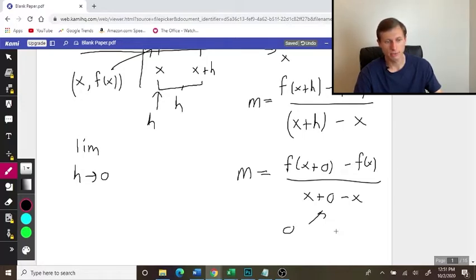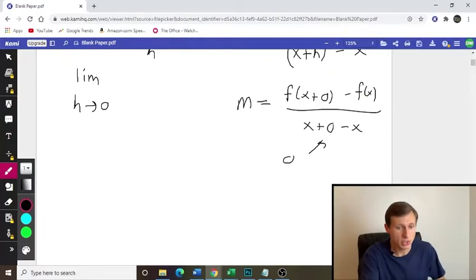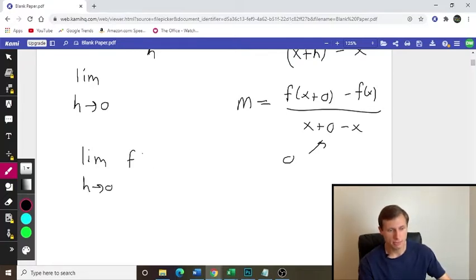What we can do, however, because remember, limits don't care about what the actual value is. Limits specifically exist to get rid of those zeros in the denominator by factoring and canceling, or rationalizing and canceling, or any of those strategies we talked about before. And so instead, if we say the limit as h approaches 0, this is what we have. We have the limit as h approaches 0 of f of x plus h minus f of x all over h.